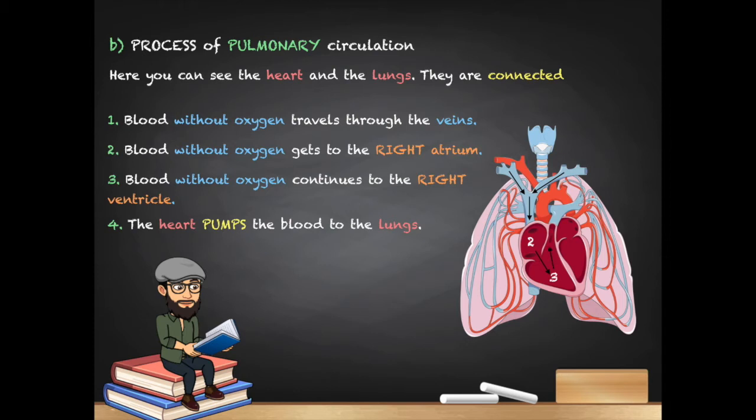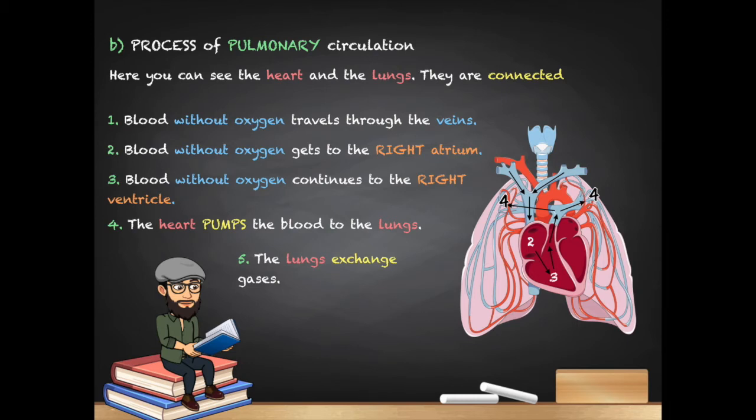You see, blood is traveling to the lungs. And now the blood is in the lungs. What happens? The lungs exchange gases. Do you remember? Yes, the lungs provide oxygen and the blood releases carbon dioxide.